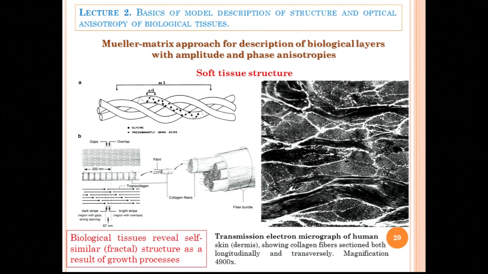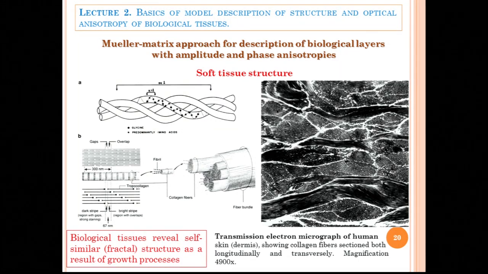It's a transmission electron microscope image of human skin, dermis, yeah? And this is the model, because most tissues, muscular and derma and so on, are connected with the very first element here, glycine and predominantly amino acids.